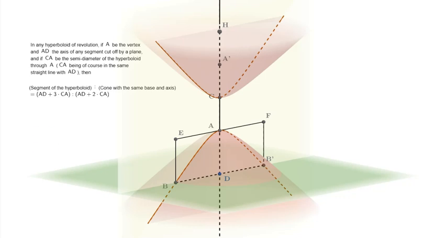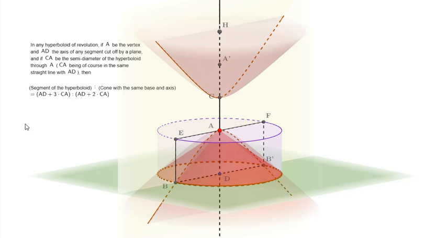Around this, we can draw a cylinder and we can draw a cone. So to keep the diagram easier to read, I'll remove this cone. Here, what the proposition is saying is that the segment of the hyperboloid is to the cone with the same base and axis, that is this cone, as AD plus 3 times CA, which is nothing but AH, is to AD plus 2 times CA, which is nothing but AA prime.